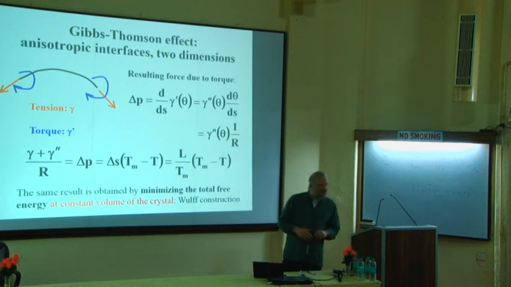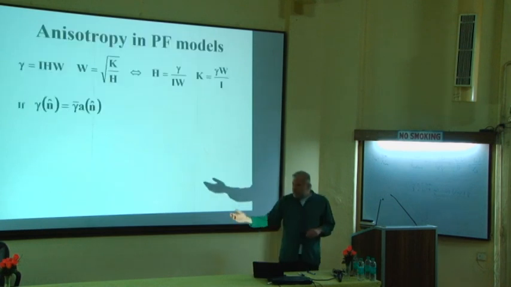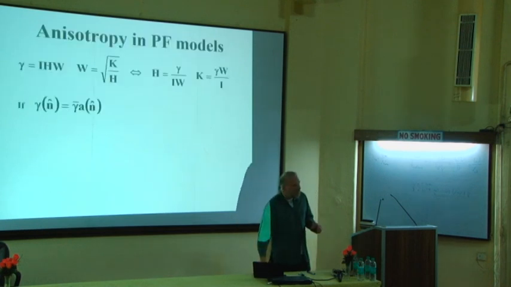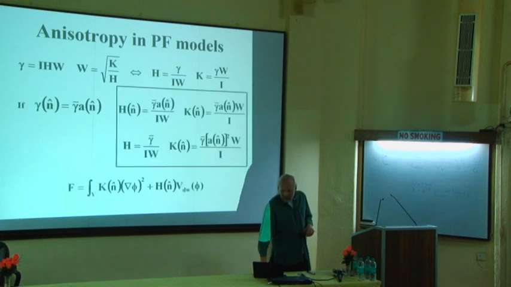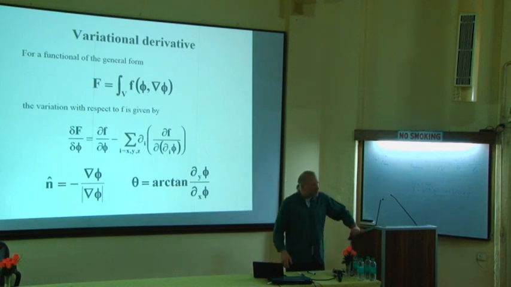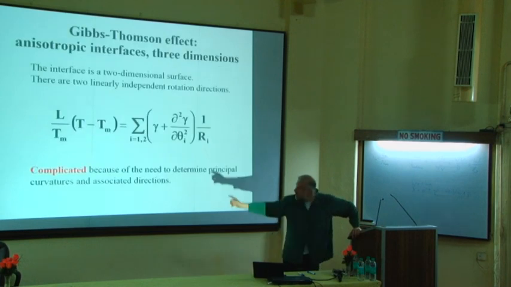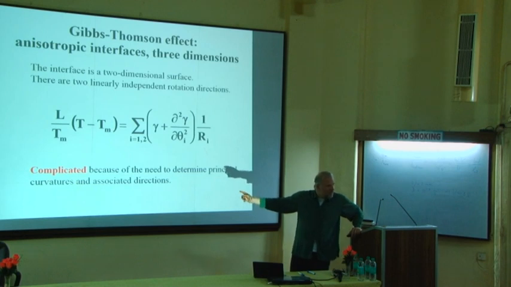Okay? So, to conclude this part, if you have anisotropic interface energy, you have a new effect that comes from the torques that are exerted on the interface. You can incorporate anisotropy in the phase field model in a perfectly natural manner. And if you apply properly the variational derivative, you automatically get equations of motion. And people have shown by this matched asymptotic expansion technique that if you do that, you actually get exactly back this boundary condition automatically.